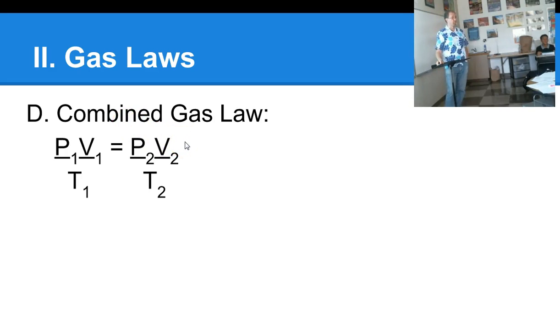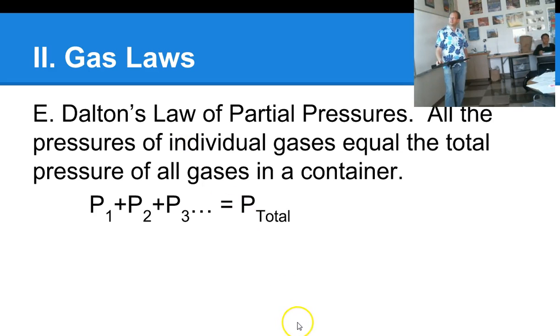The last one I have for you is Dalton's law of partial pressures. All of the pressures of individual gases equal the total pressure of all gases in a container. We started by saying that in this room there is some carbon dioxide, some nitrogen, some oxygen, and some other trace gases floating around. If I were to measure the air pressure in this room right now, it's right around 1 atmosphere because I'm not too far off sea level.